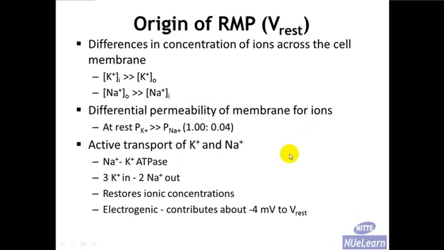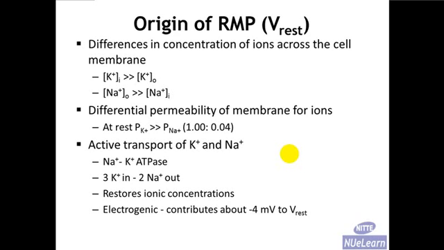A third factor, which is not really clear from the previous discussion, is the role of sodium-potassium pumps. Now the sodium-potassium ATPase pumps continually pump potassium into the cell and sodium out of the cell.